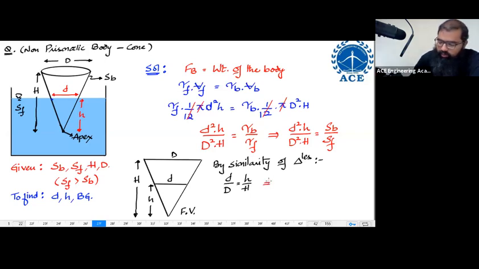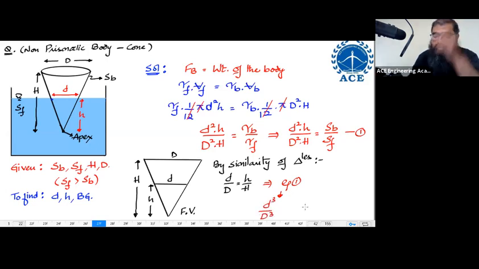Let us say this was equation number 1. Equation 1 can be written as small d cube by capital D cube. How did we do this? Small h by capital H I'm replacing by small d by capital D, which is equal to SB upon SF.